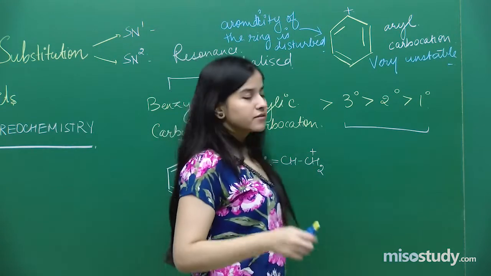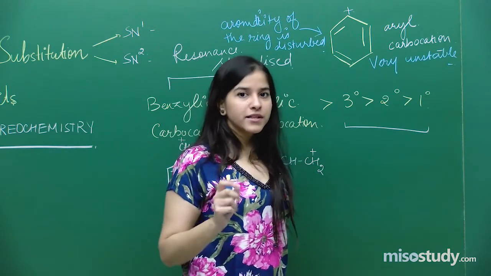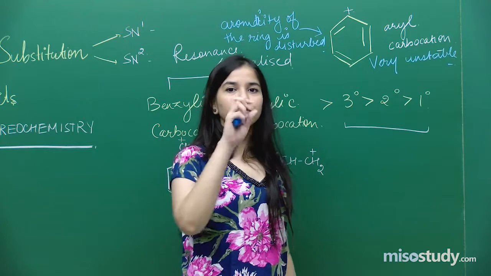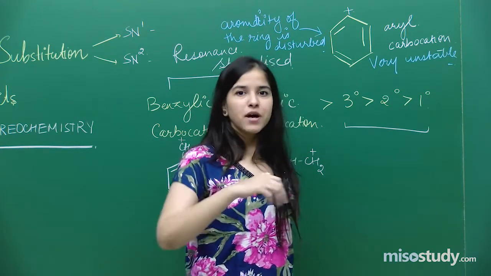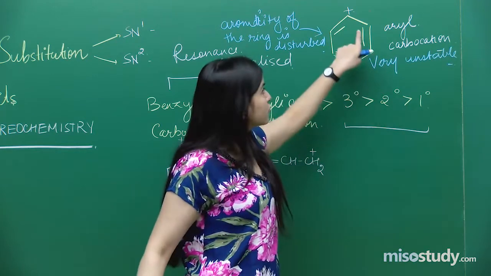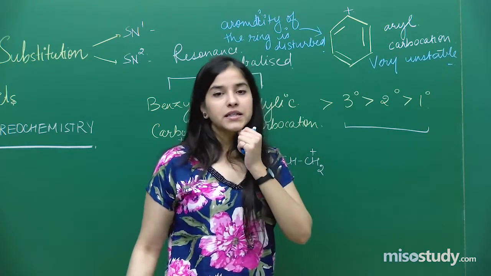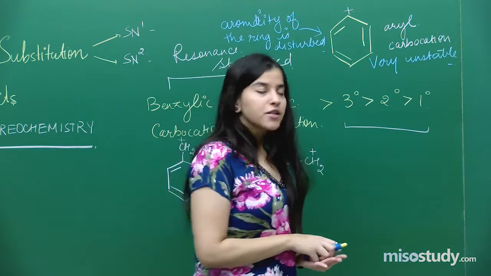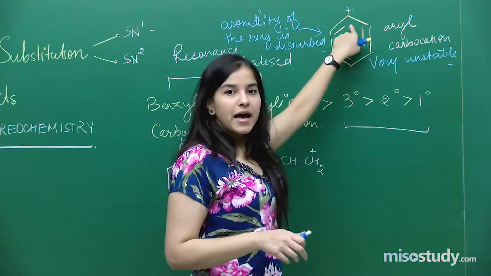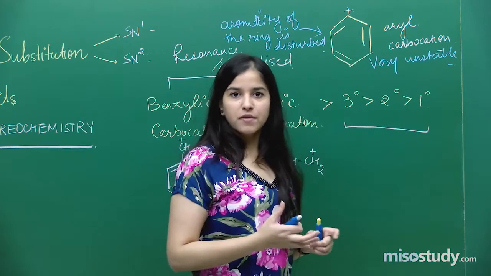Since you must be knowing what Huckel's Rule is, right? Huckel's Rule says that for a compound to be perfectly aromatic, to be perfectly stable, I need to have a planar structure. But due to this positive charge over here, the carbon is not behaving as planar, right? So due to the disturbance in the planarity, the ring gets distorted somehow.